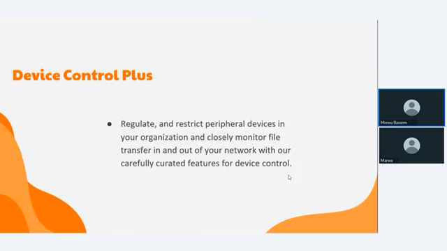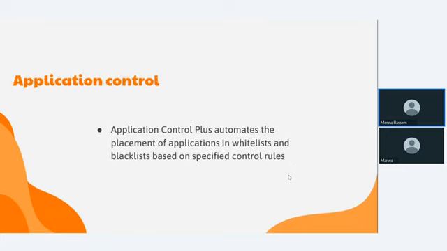With Device Control Plus, you can manage all connected removable devices, and make a block list and allow list. You can make a trusted list for these devices like USB, for example. With Application Control, you can also manage installed applications in your environment. You can make a blacklist and whitelist of applications.